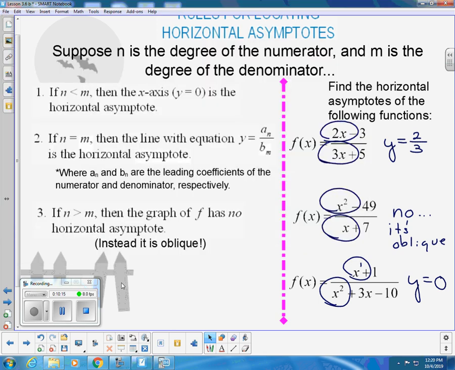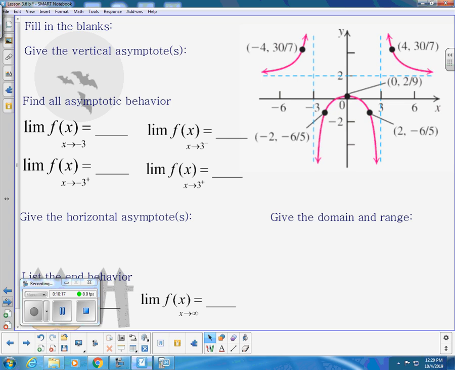All right, here we go. Bing. Fill in the blanks. What are the vertical asymptotes of this graph? Okay, 3 and negative 3. All right, we are doing asymptotic behavior. What is the graph doing as it approaches those asymptotes? Understand, a vertical asymptote cannot be crossed.